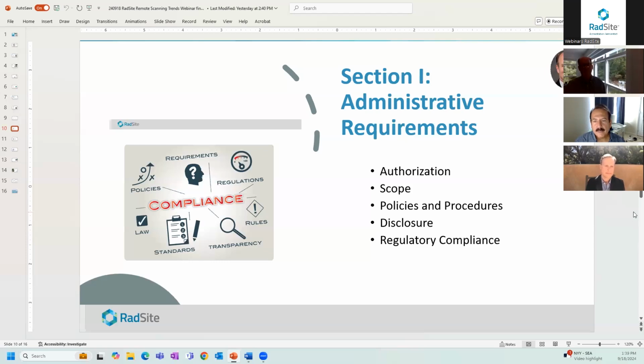So how would somebody in a particular state do some research to find out what those requirements might be for their particular state? What would be the best person or entity to contact? Well, as we all know, CT is regulated in most states, and components of MRI are regulated in the state.